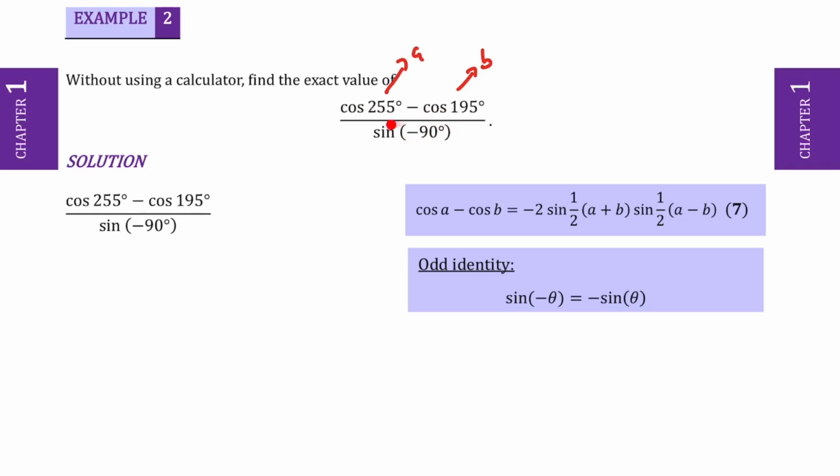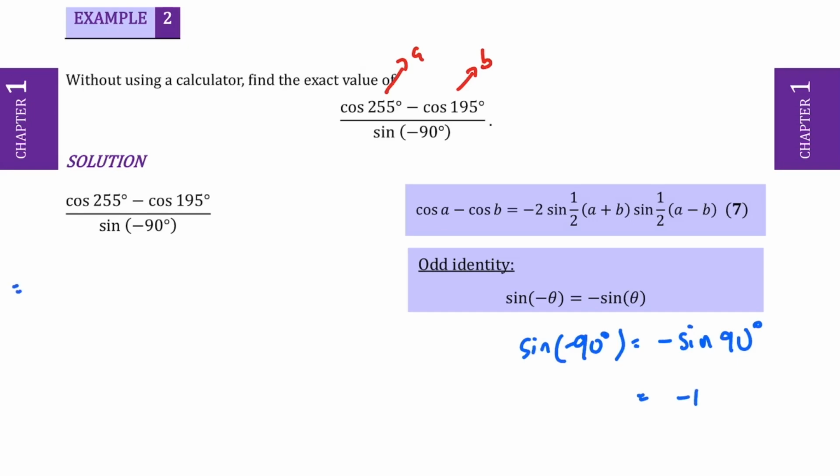Divide by sine minus 90 degree. Now for sine minus 90 degree, you can use the odd identity. So sine minus 90 degree will be equal to minus sine 90 degree. You can simplify this; this will be negative 1.